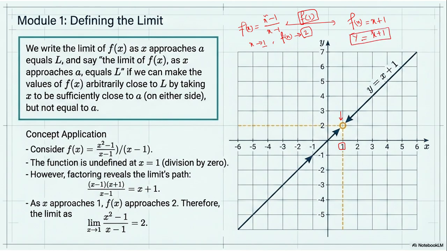This is the equation of a straight line, but not every value on this line is satisfied for x equals 1.